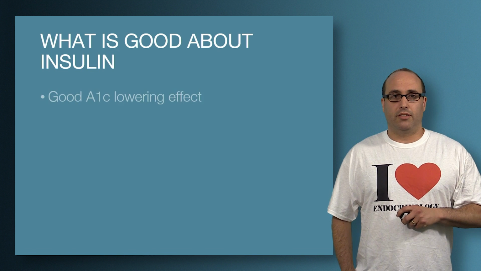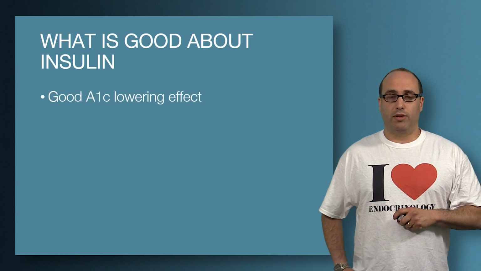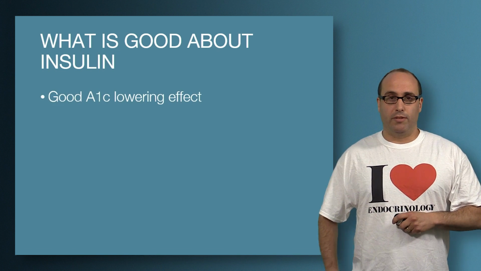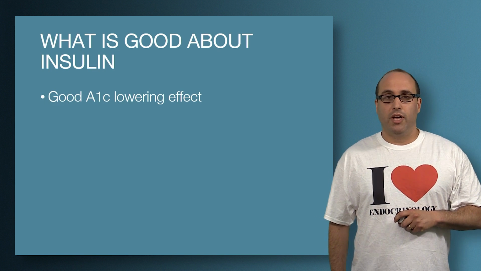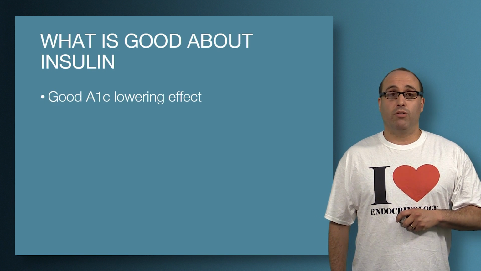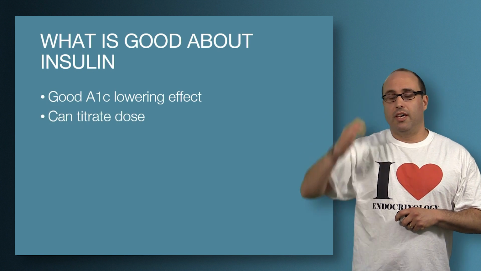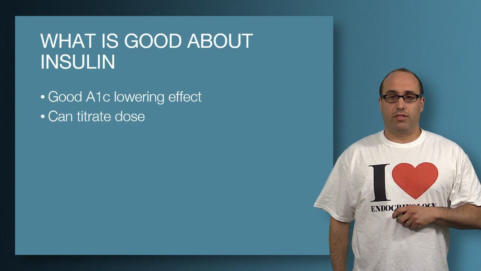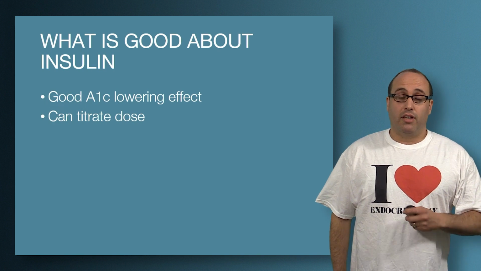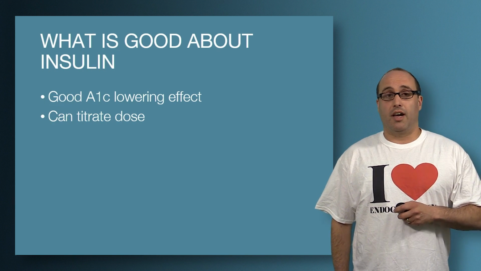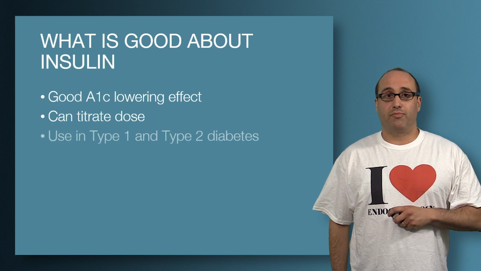So here's what's good about insulin. It's very good at lowering hemoglobin A1C. You'll learn about hemoglobin A1C later in the module, but it is a marker of our patient's overall glycemic control during the past 3 months. We can easily titrate the dose of insulin, one day giving more or less units as compared to the next.